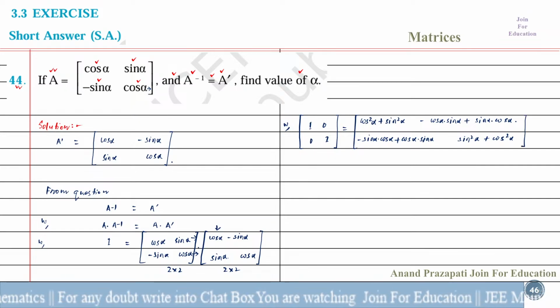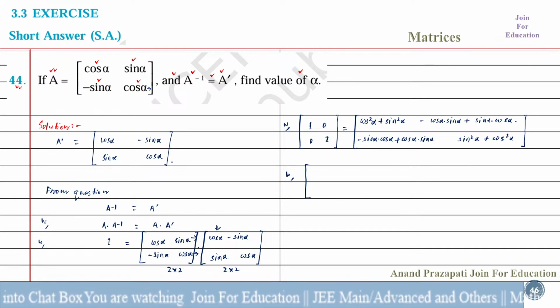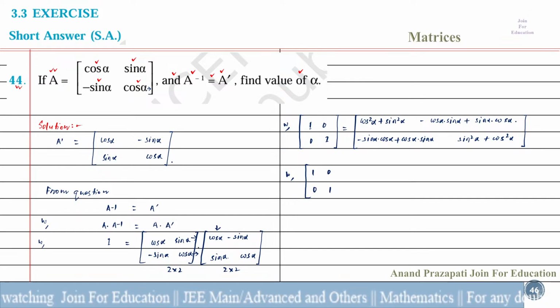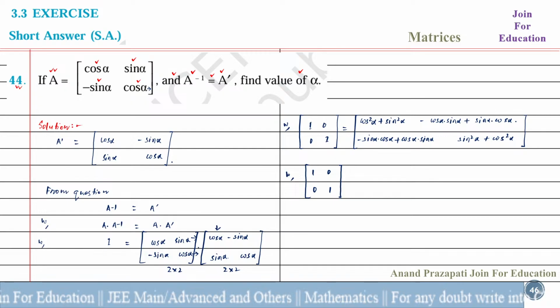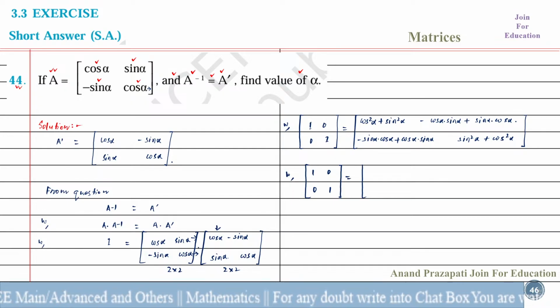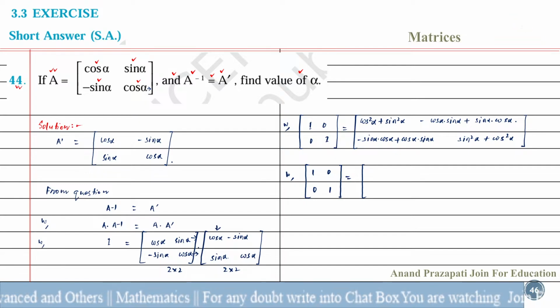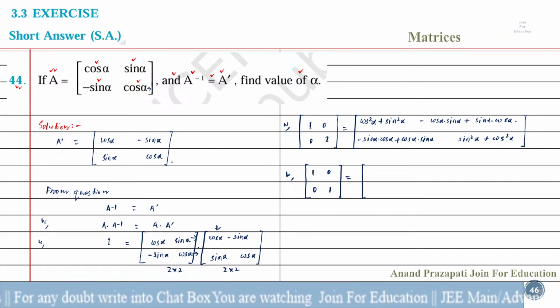So here will be the next step: 1, 0, 0, 1, and this one will be cos square alpha plus sin square alpha equal to, we get what? 1.